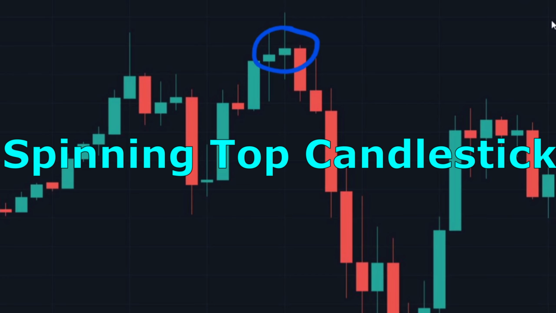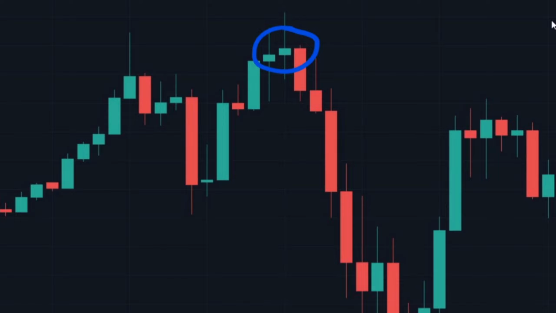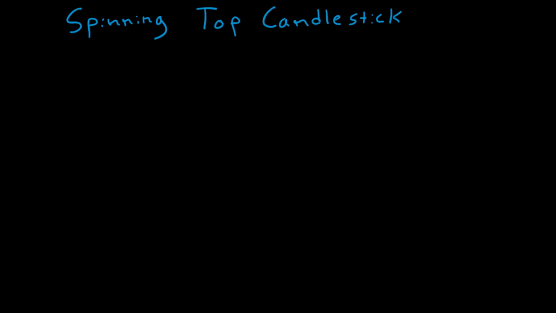All right, so first of all, let's take a look at how the spinning top candles actually look. So let's try to draw a spinning top candlestick right here. And what is special for these candlesticks is that we have a pretty short real body, but we have long shadows. So a spinning top looks something like this.